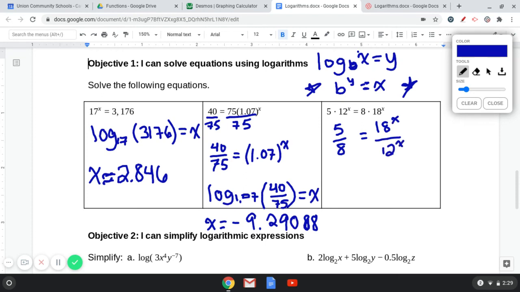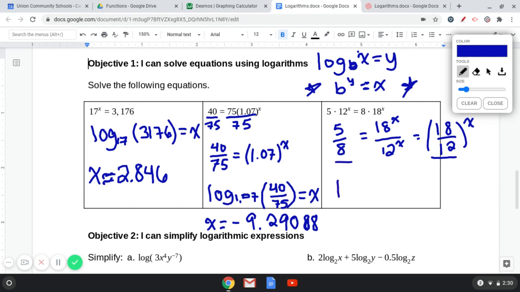And now y'all remember properties of exponents. If I have something to the x over something to the x, where these exponents are the same, this is the same thing as saying 18 over 12, which is 1.5, to the x. So now we have this form, b to the something equals something.